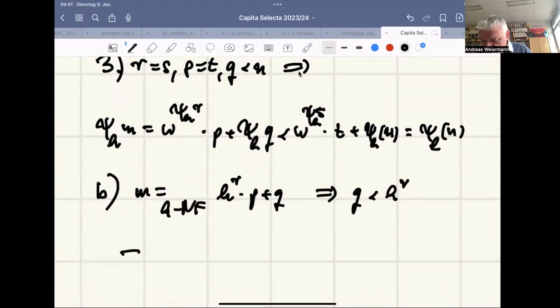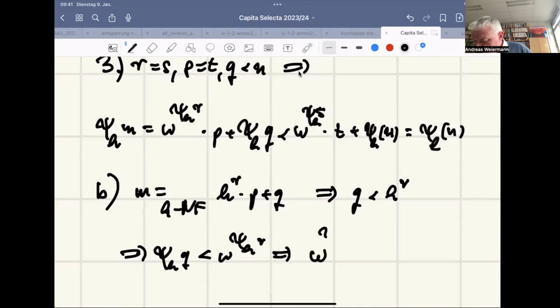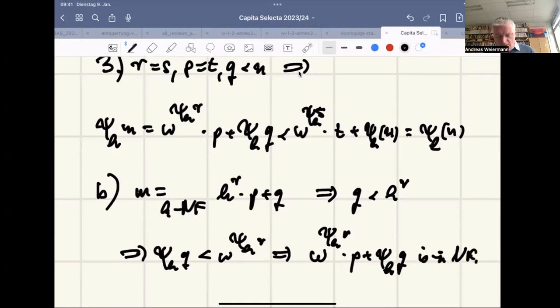And this means ck of q by A is smaller than omega to the ck of r. And this means omega to the ck of r times p plus ck of q is in normal form. So this was easy.